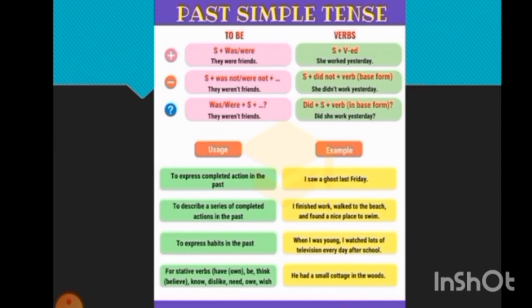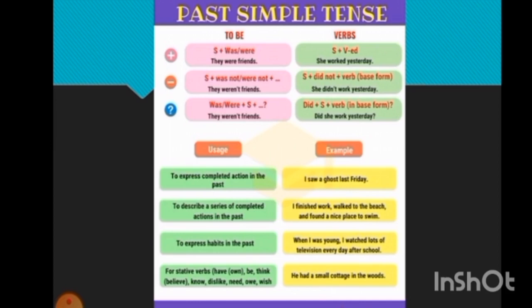Usage: to express completed action in the past, to describe a series of completed actions in the past, to express habits in the past, for stative verbs like have, own, be, like, think, believe, know, dislike, need, owe, and wish.